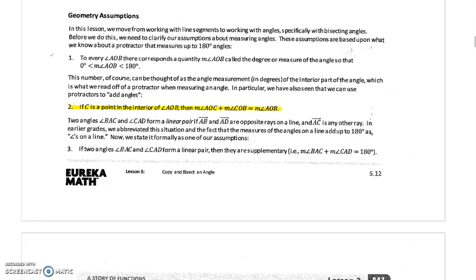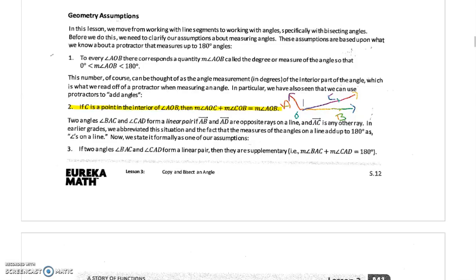So here is my angle. I'll draw these pictures. A, O, this is B. C is somewhere in the middle. It's somewhere on the interior. Doesn't have to be a bisector, right? It just has to be somewhere on the inside. Do y'all see that we created now 2 angles?